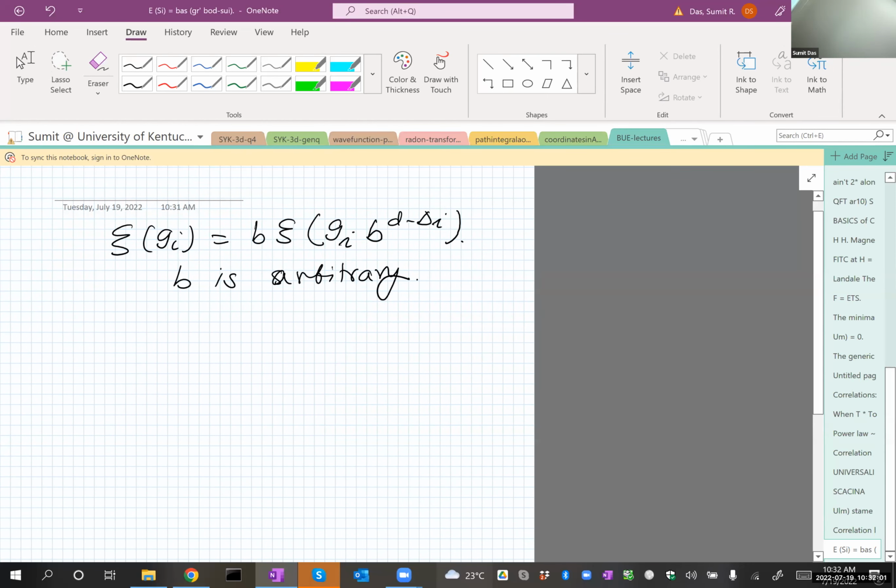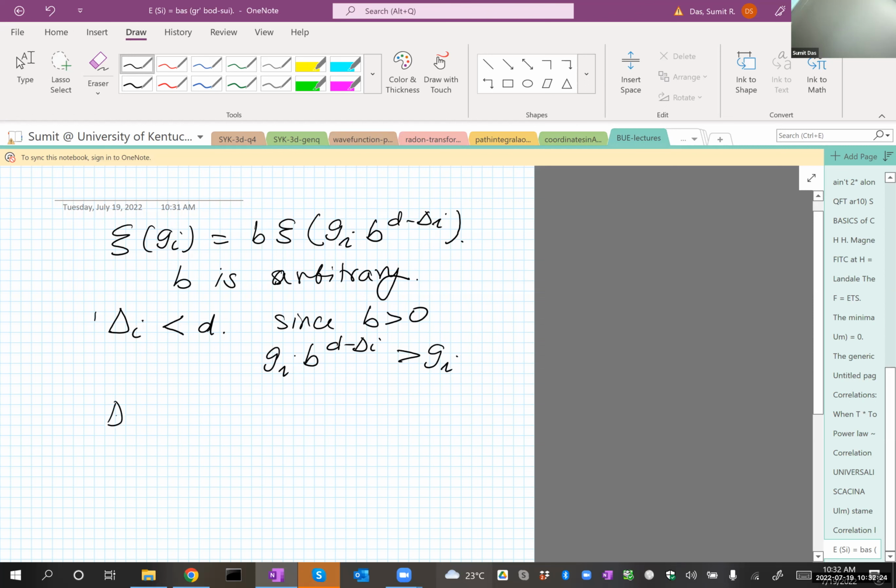Then clearly something is different if lambda i is less than d. Then since b is greater than 1, b to the d minus lambda i times gi is greater than gi.